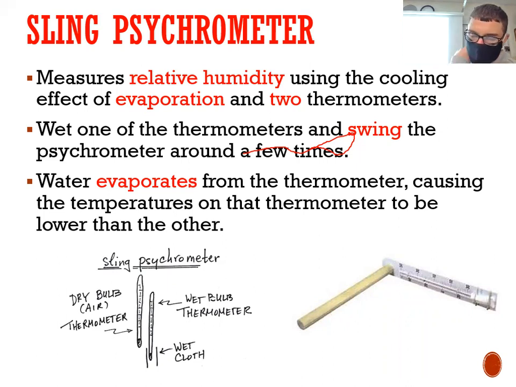When things evaporate off your skin, it cools you down, okay? So the more it evaporates, the drier the air is. So let's go ahead and check out and see how that is used. Got a dry thermometer. If you think kind of like a sparkler, you're going to spin it like a sparkler or kind of like a lasso or a sling. Let's go check it out. Check out this next video.